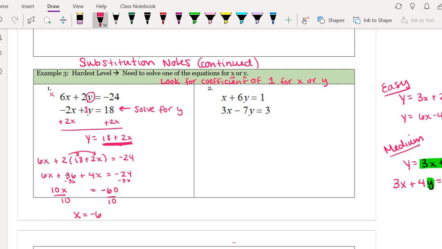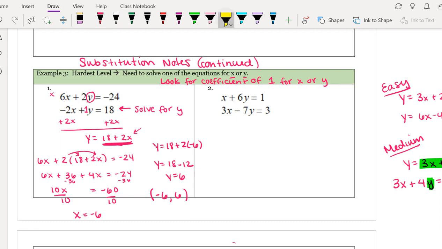Go ahead, and because this equation is already solved for y, I'm going to plug back in there. So y equals 18 plus 2 times negative 6. And so I get y equals 18 minus 12, or 6. Final answer, negative 6, 6.